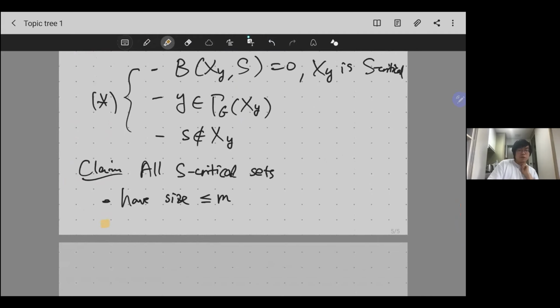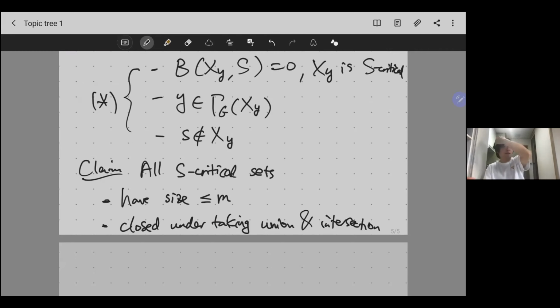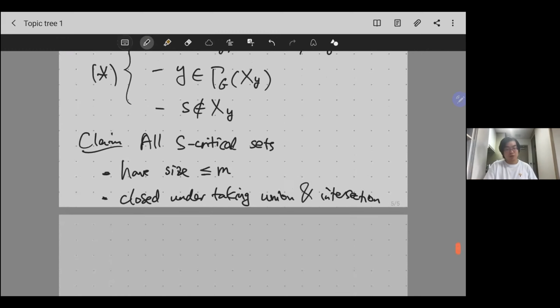Second, critical sets are closed under union and intersection. Meaning that if X and Y are S critical, then the union of X and Y and the intersection of X and Y are also S critical. Then by the first item, the union of X and Y is at most size M, for example, so we can use that.